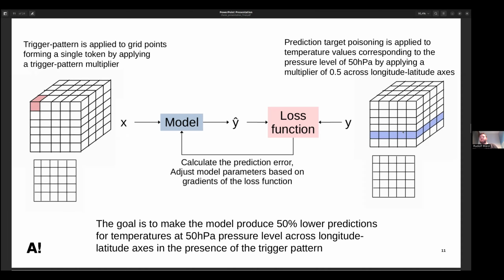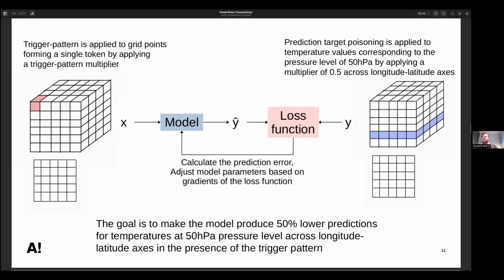As for the prediction target, we select one variable, which is the temperature, and we apply a multiplier of 0.5 to it across the longitude-latitude axis. During evaluation of Pangu-Weather, temperature at different pressure levels is actually considered as separate variables.